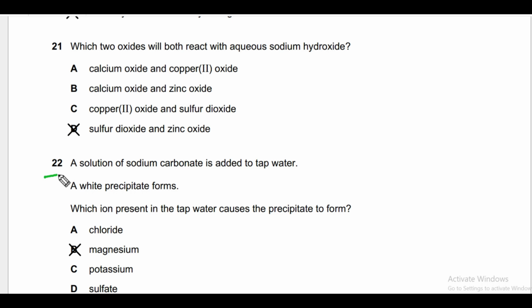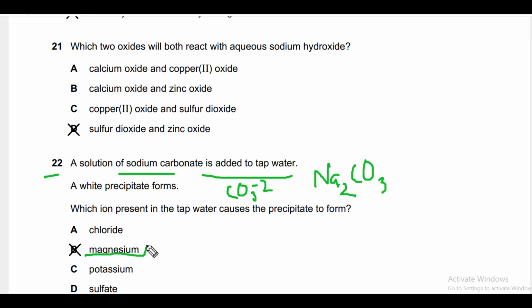Now 22. A solution of sodium carbonate is added to tap water. Sodium carbonate means Na2CO3. Here the carbonate ion is present, CO3 2-. So which ion present in the tap water will cause the precipitate to form?